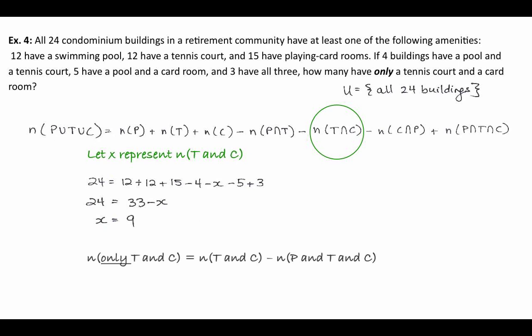So if we want the number that are only in sets T and C and exclude P, then we're going to take that double intersection and subtract out the triple intersection. And so there it is: 9 minus 3 is 6. There are 6 buildings that only have a tennis court and a card room, no swimming pool. So that's your crash course on Venn diagrams.